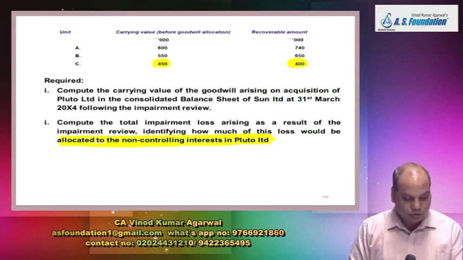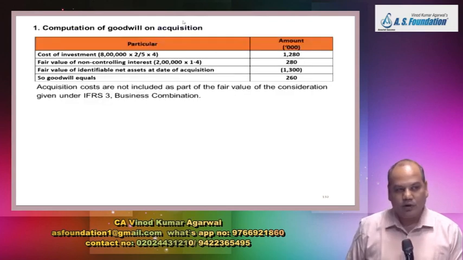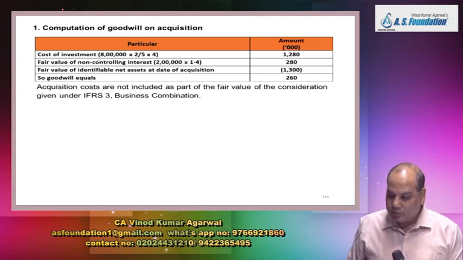Okay. So dear student, first you understand step 1, goodwill. Some knowledge of IFRS 3 will be required here. Cost of acquisition 8 lakh into 2 by 5 into 4 rupees per share, 1280, figures in thousand.